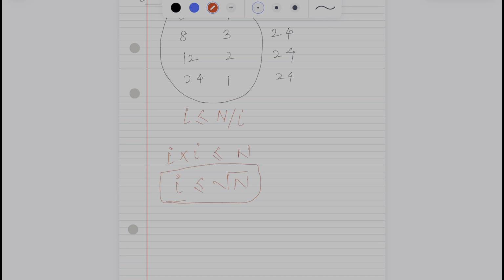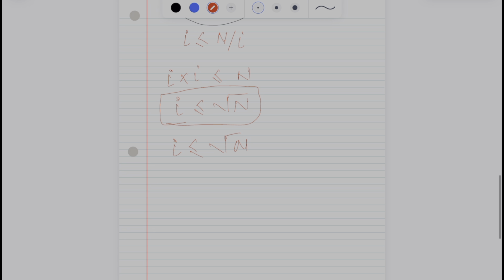Now what we are doing here is we are only checking the number of factors till root n. For example, if we have a number 16, then we don't need to iterate from 1 to 16, but we only have to iterate from 1 to root of 16, that is equal to 4.